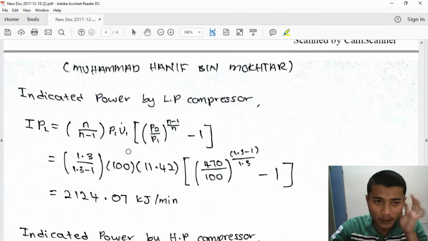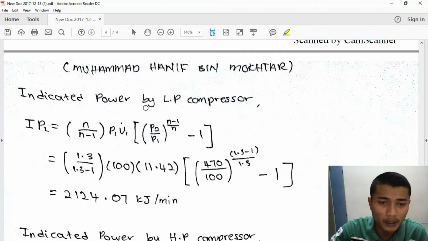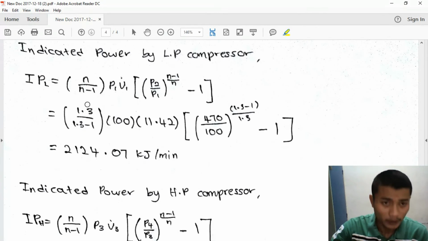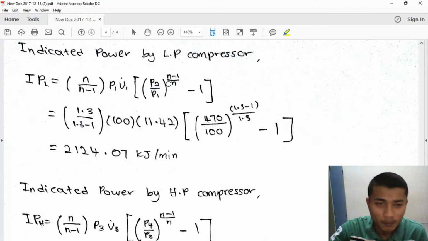After that, to find the indicated power of the LP compressor, the formula is n over n minus 1 times pressure 1 times volume flow rate 1 times the bracket of pressure 2 over pressure 1 to the power of n minus 1 over n, minus 1.